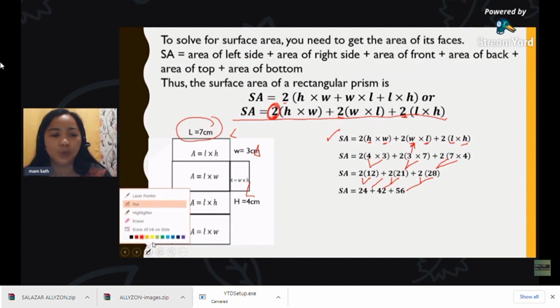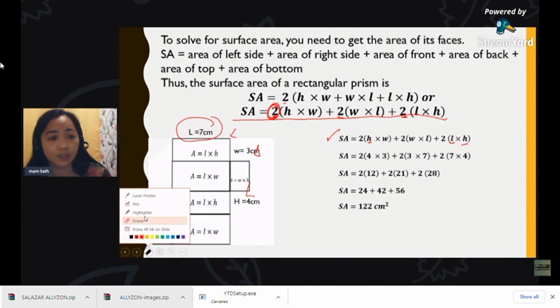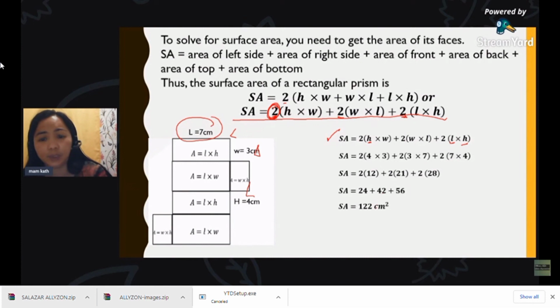So to add these numbers, surface area is equal to 122 centimeters squared. As you can see, the final answer here is 122 centimeters squared. The unit is centimeters squared because we always have the exponent 2, because we are counting the number of square units in a plane figure.